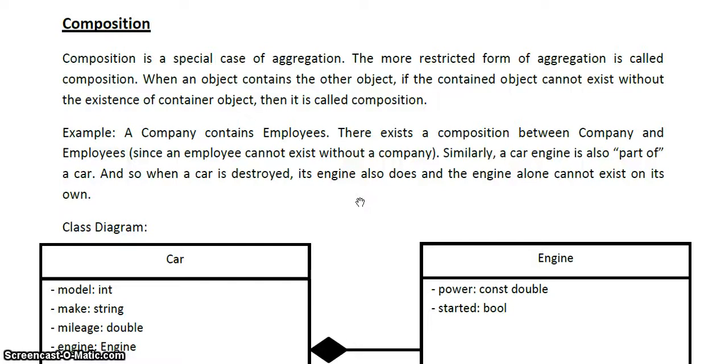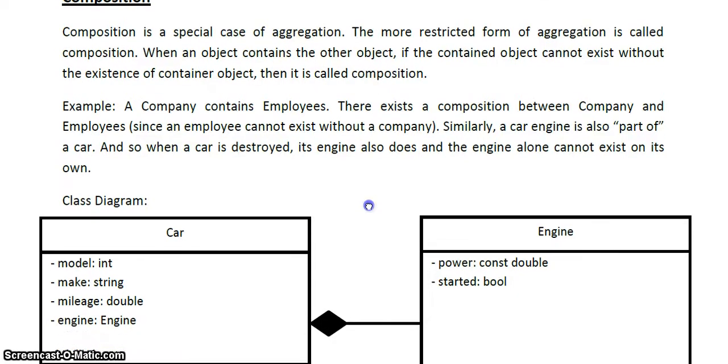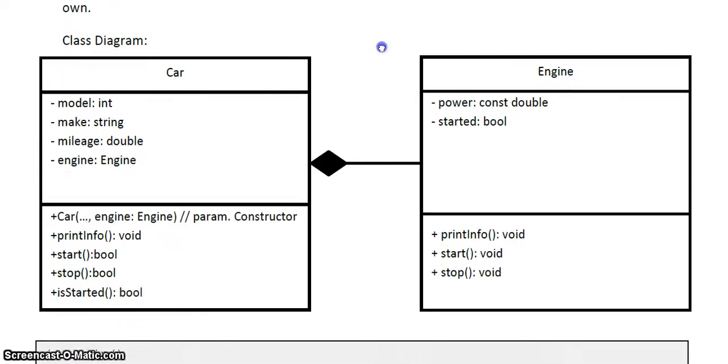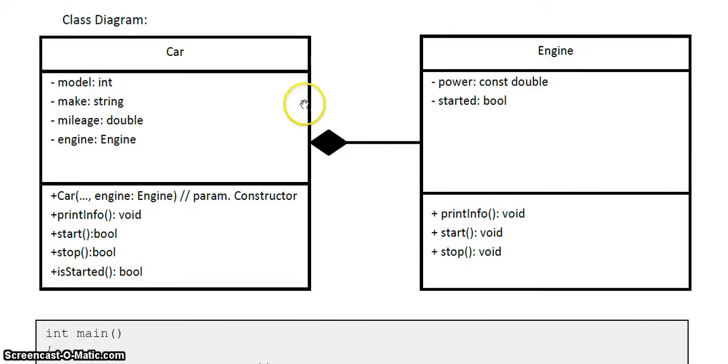Similarly, a car engine is also part of a car. So this relationship is also called a has-a relationship, or if you're talking from the perspective of the child object or the component class, then we can say that the component is part of the composite class. And so when the car is destroyed, the engine is also destroyed. So, the engine and car example. The car has some attributes, similar to the previous aggregation example, in which we had tires.